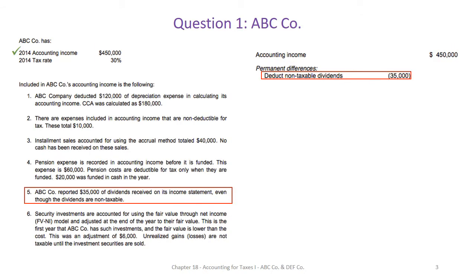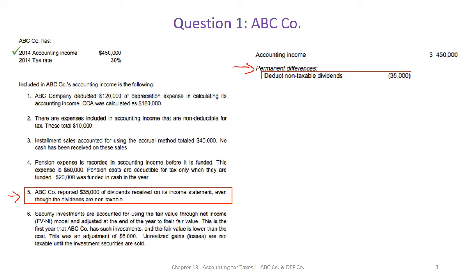Then once we start with our accounting income, we need a section that deals with all of our permanent differences. And again, permanent differences are usually items that are either not taxable or not deductible. If we look through our data, it is item 5 that has non-taxable dividends.